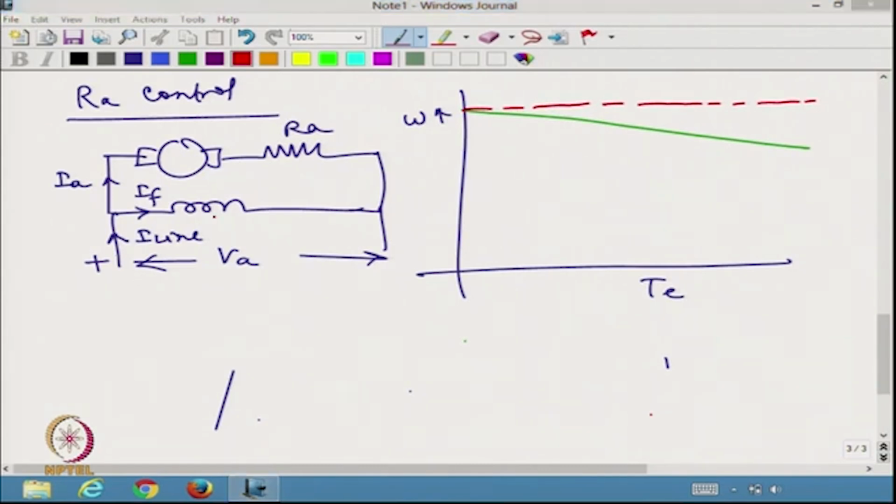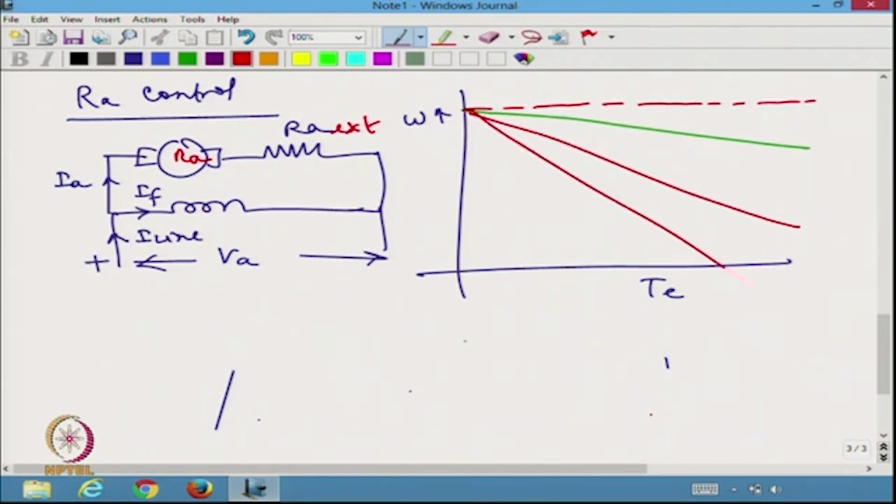Now, I am trying to increase more and more resistance. So, this is RA internal, this is RA external. If I include more and more resistance, more and more drop would take place. So, I am going to have this as RA external increasing.